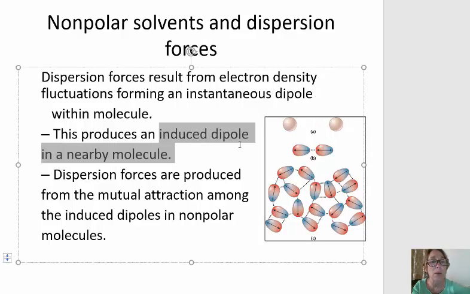That's what we mean by induced dipole. This instantaneous separation of charge, due to the randomness of electron movement, causes a separation of charge in a nearby molecule, and so on. And the more electrons there are, the more frequently this happens. So this graphic here shows how nonpolar dispersion forces work.